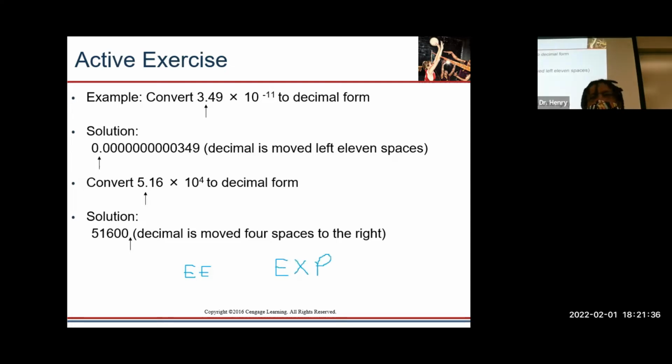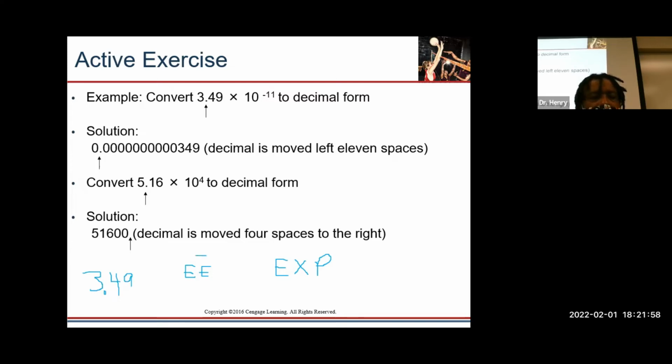This stands for your exponent, right? So that's 10 to the whatever power. When we're trying to enter our number into the calculator, we type in, let's say, 3.49.